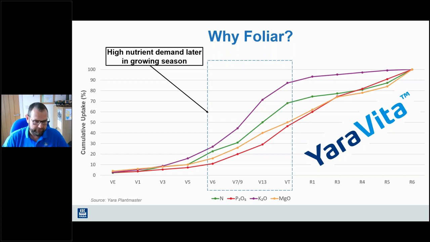So often we find that fertilizer is applied much earlier, but then the peak demand isn't until later. So this is where foliar can really come into its own in supplementing that soil applied fertilizer or organic manure we put on pre-drilling. We then supplement that and optimize our growth with the use of foliar YaraVita products later in the growing season.